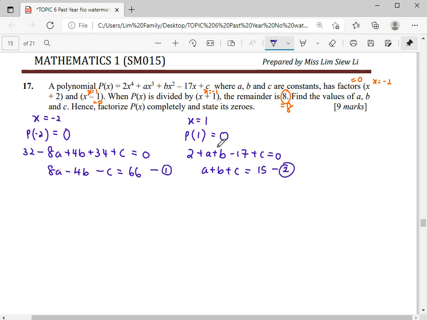Okay, so this is our equation. Substitute 1 becomes 2, then 1a, 1b, negative 17 plus c.